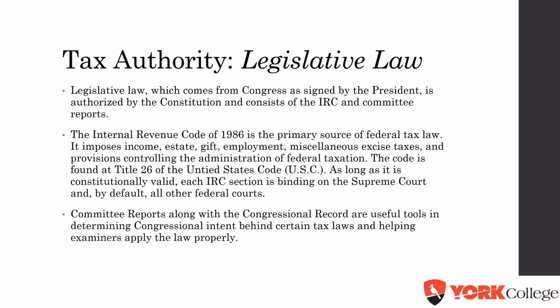So Congress in 1986 passed the Internal Revenue Code, and this, we call it the IRC, is found at Title VI of the United States Code. So essentially is all of the taxes that we are familiar with, such as income, estate, gift, employment, excise, taxes, all of these are provisions that are included in the IRC.